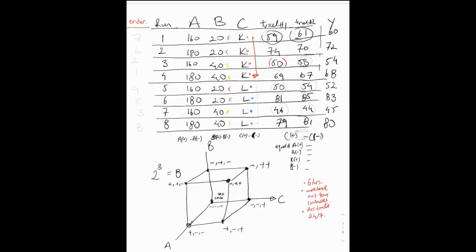And say if my warehouse is not temperature controlled, that means that if the next day starts snowing, the temperature in the warehouse will be different when I'm doing my experiments when the C is minus.